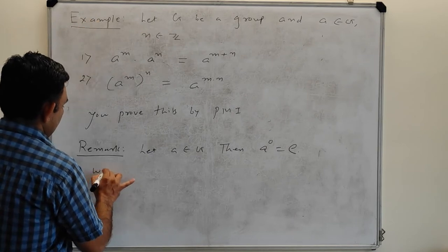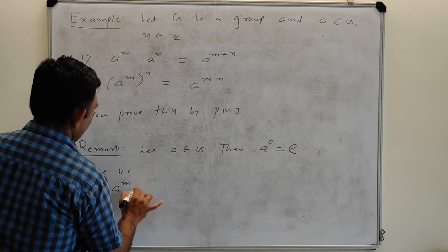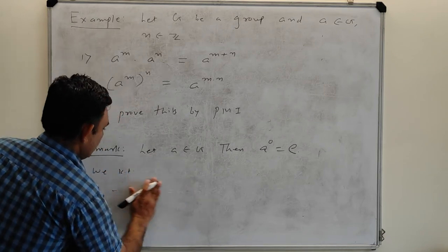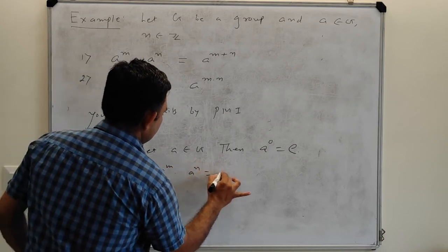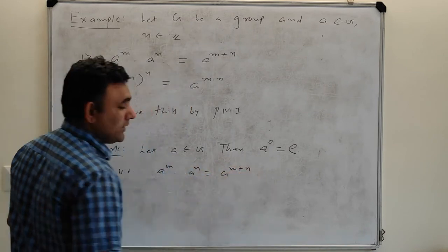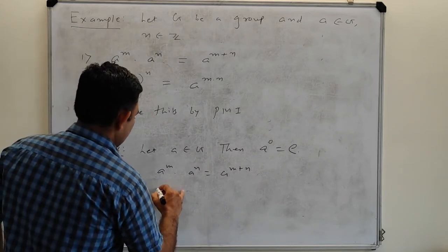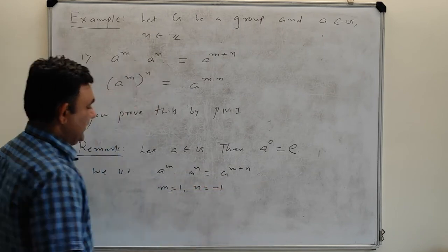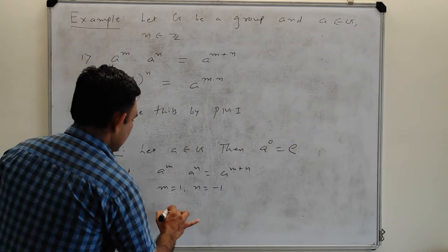So we know that a raised to m into a raised to n is equal to a raised to m plus n. Now you take m equal to 1 and n equal to minus 1. So what do I get?